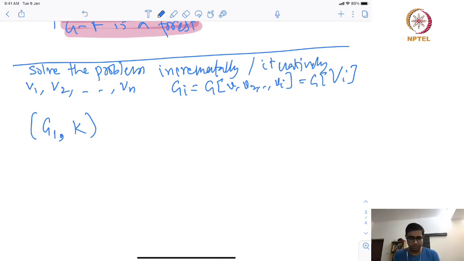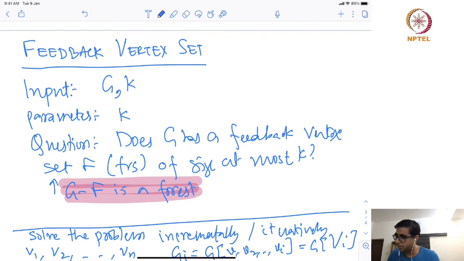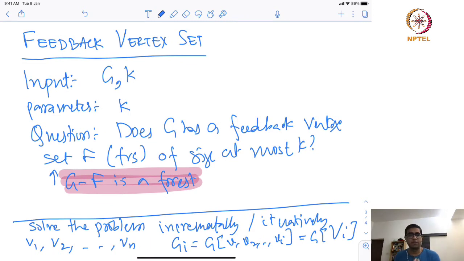I have this small little graph and k, and I ask, does there exist a feedback vertex set? We are going to solve different sets of problems: first one small problem, then another, and finally by taking help from each of these, we will be able to solve the problem on the whole instance.